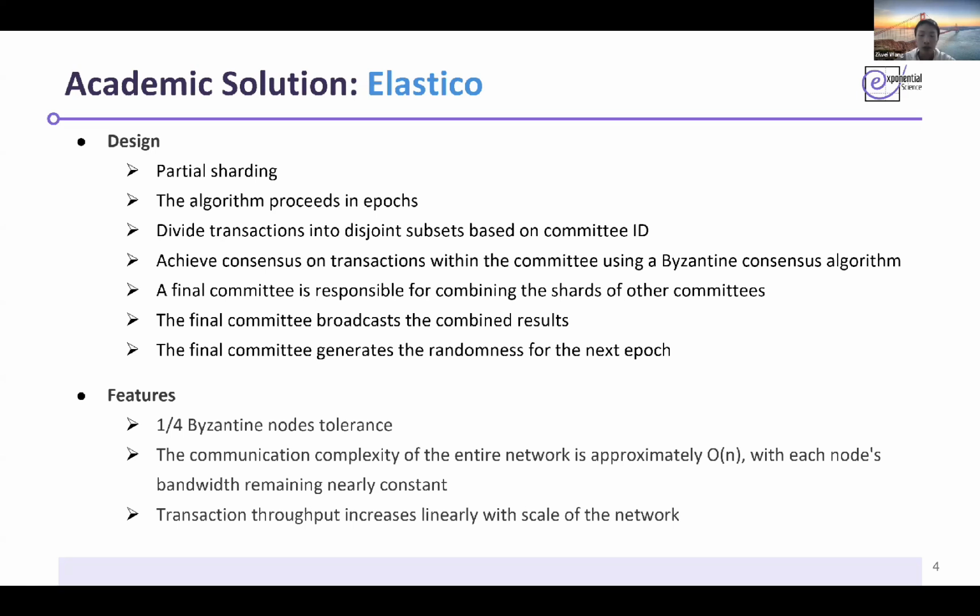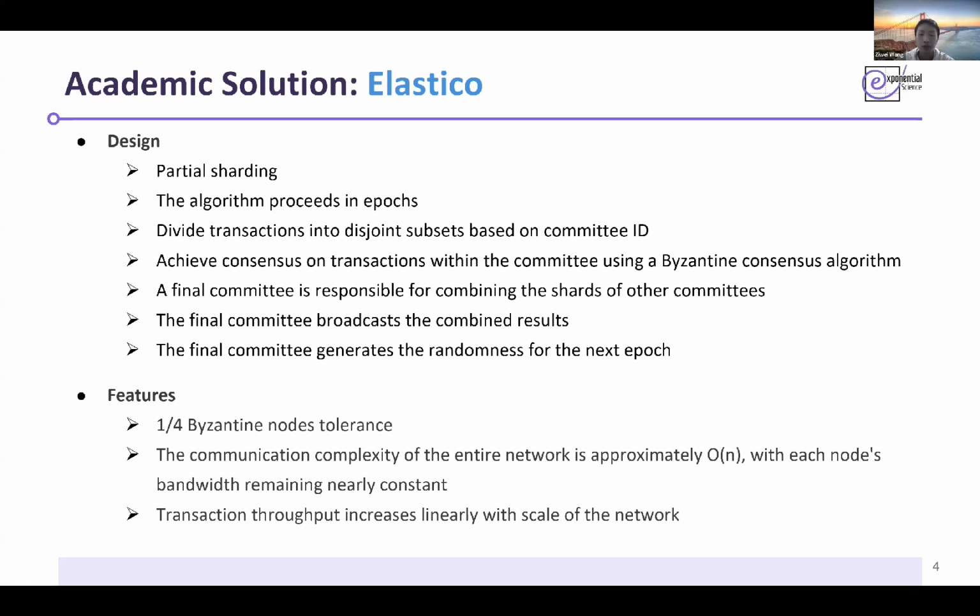Within each committee, members reach consensus on their assigned transaction set or shard using the practical Byzantine fault tolerance protocol. Finally, a final committee is responsible for combining these shards and broadcasting the results. This committee also generates randomness for the next epoch.